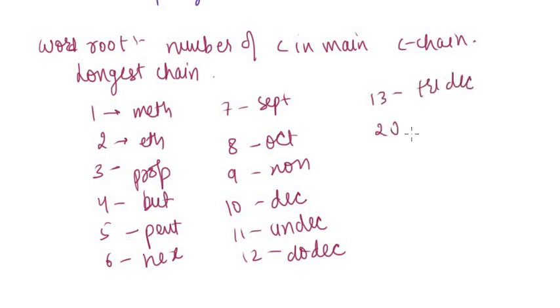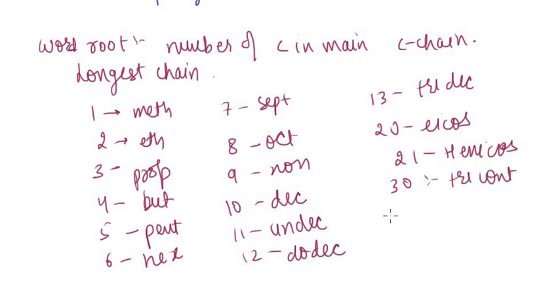We have 20 carbon icos, 21 henicos, 30 carbon triacont, 40 carbon tetracont. You will mostly be using 1 to 10 only. You will not very frequently use 12, 13. Okay, so if you can remember it, remember. But the most important are 1 to 10.